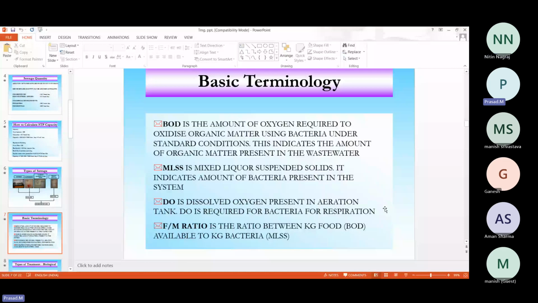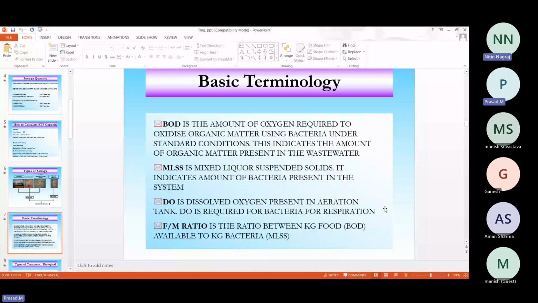MLSS is mixed liquor suspended solids. It indicates the amount of bacteria present in the system. This terminology we also use, MLSS. And then dissolved oxygen, DO, present in the aeration tank. DO is required for bacteria for respiration. Respiration means breathing.